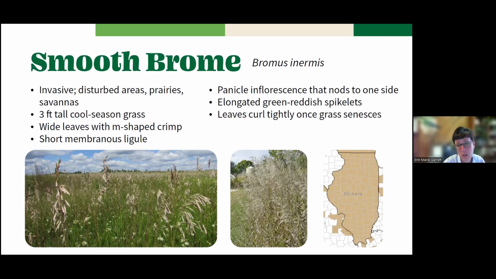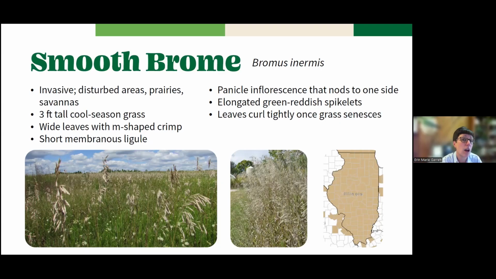The spikelets, excuse me, start off kind of greenish red. They're kind of elongated, and then they're going to turn this straw color as we get into this time of year. Another characteristic you might be able to pick up in this picture is as that grass senesces, those leaves are going to curl really tightly, and they form kind of a corkscrew shape.